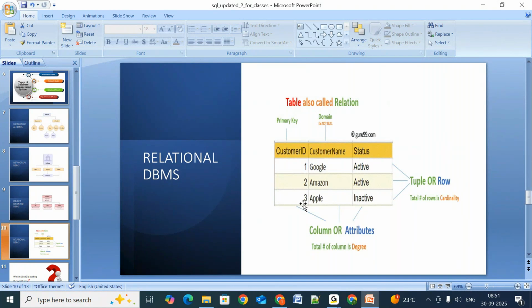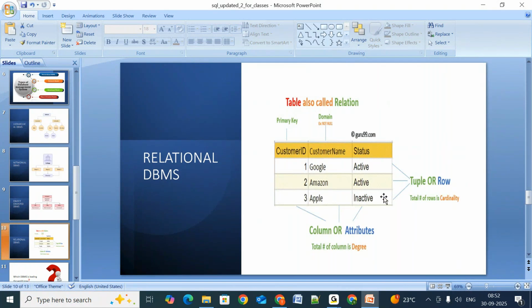Maybe if my client or project manager tells me like that, obviously I will think that it is in a table format. If I don't know, and I'll be getting data in a relational model, again it's a big task for me to figure out what is meant by relational model. It's very simple. It's table format data. That's it.